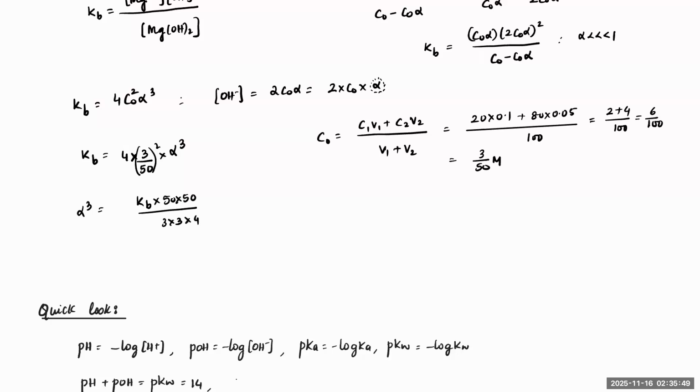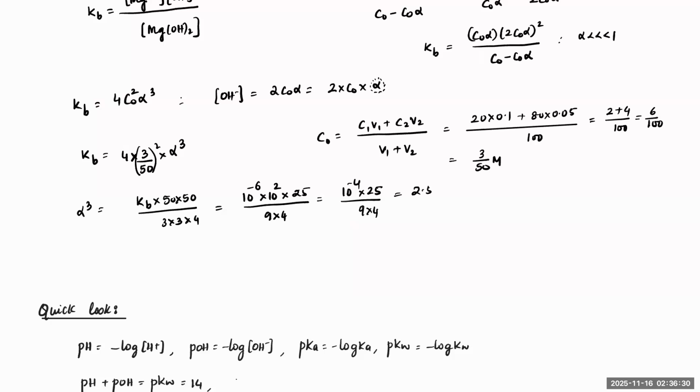KB value is 10 raised to power of minus 6 into 10 raised to power of 2 into 25 into 25 divided by 9 into 4. So that makes it 10 raised to power of minus 4 into 25 by 9 into 4. These are the values we have. Clear? To simplify, I can just use this as 2.5 instead.